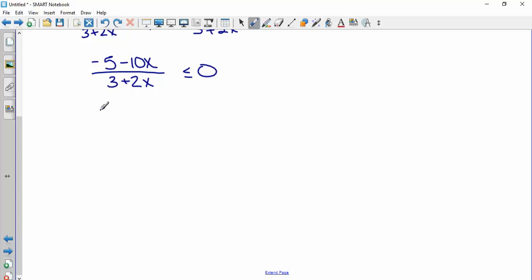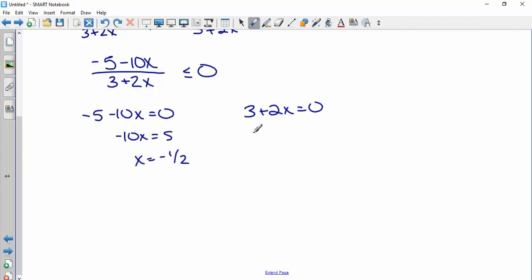So now we set top and bottom equal to 0. So I could add up my 5, divide by -10, get a -1/2. And a -3/2.